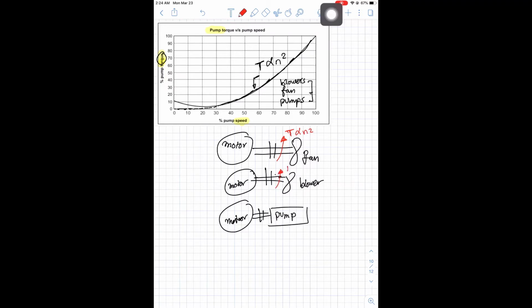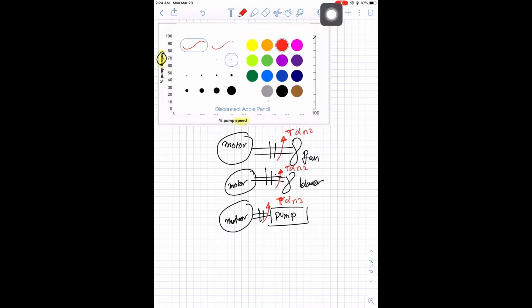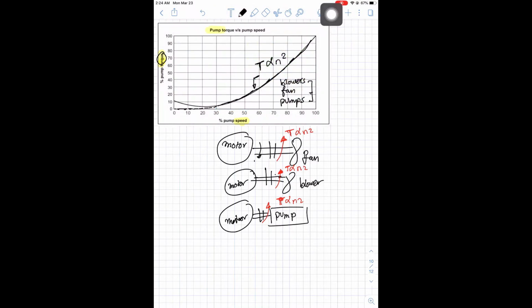T of the blower will be proportional to N squared. T of the pump will be proportional to N squared. And don't forget that the machine itself will output a torque, and the structure will run in the same direction of the motor torque because it's a motor.